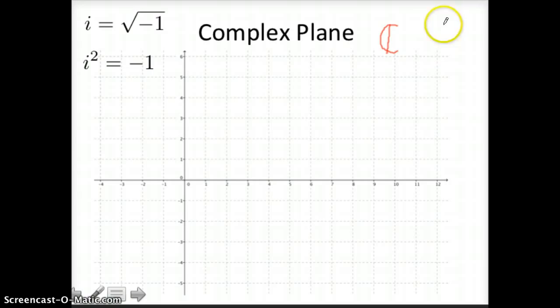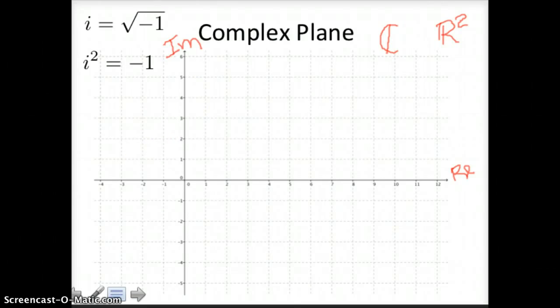But keep in mind that this looks a lot like R2. In particular, because this is a plane, the horizontal axis is what we refer to as the real axis, and the vertical axis is what we refer to as the imaginary axis.